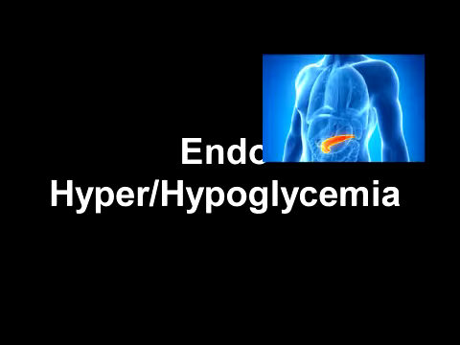Feeding hypoglycemia occurs within 4 hours of meal consumption. So if your blood sugar drops within 4 hours of eating, you have what is called feeding hypoglycemia. How does that happen? Under normal circumstances, this is how insulin and blood glucose match up in the blood.